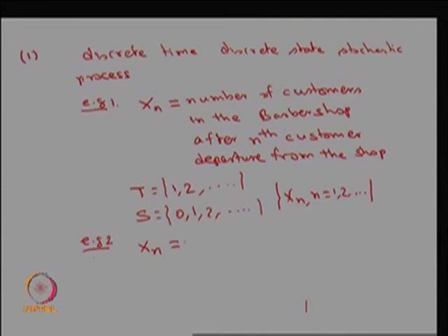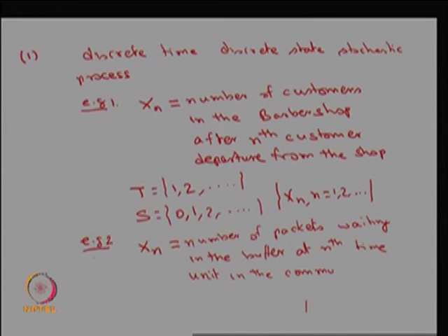X n is going to be the number of packets waiting in the buffer at the nth time unit in the communication router.